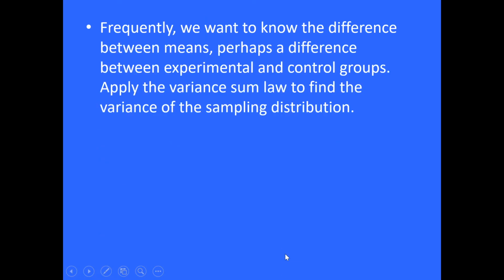Frequently, we want to know the differences between means. A lot of times in science, we have control and experimental groups, and we generate two means from samples that we take. So we need to know, how do we deal with a situation like that? From this point on, we're going to look at some special situations where we work with sampling distributions.